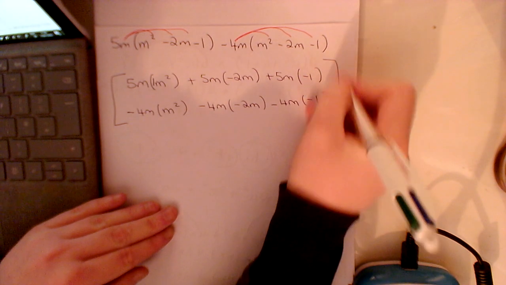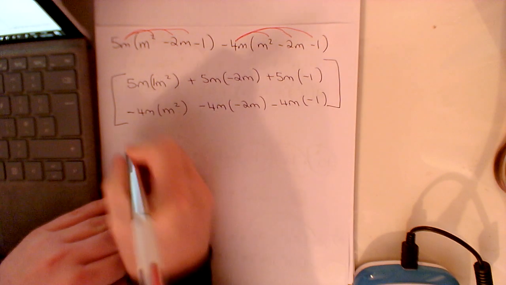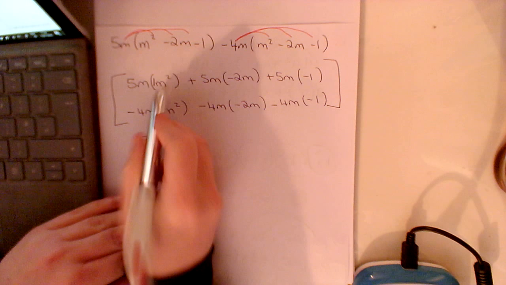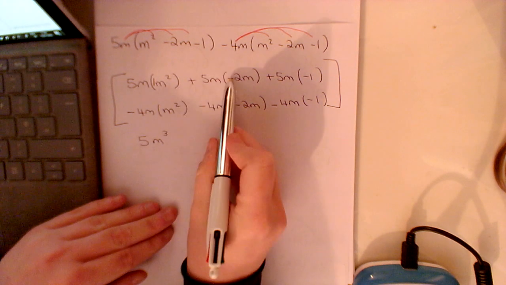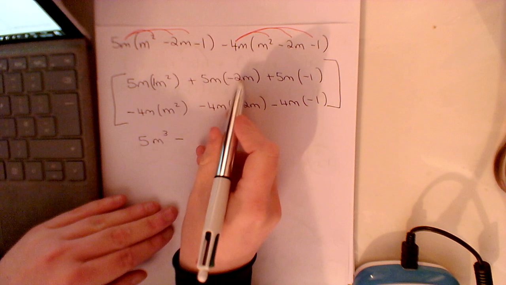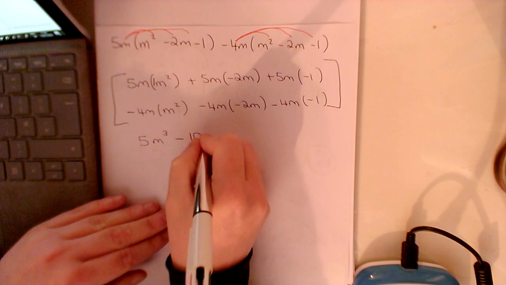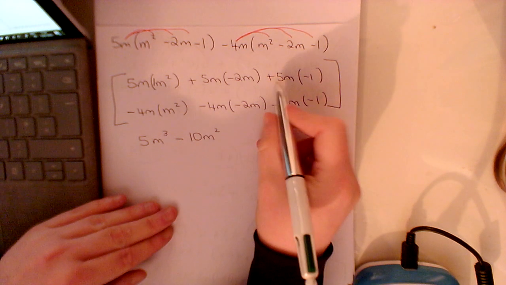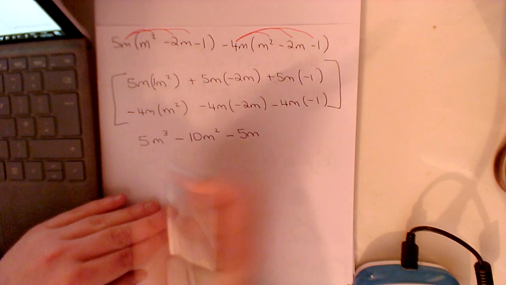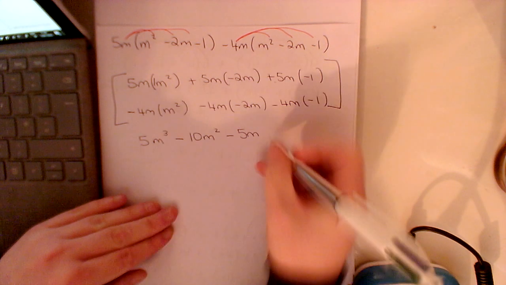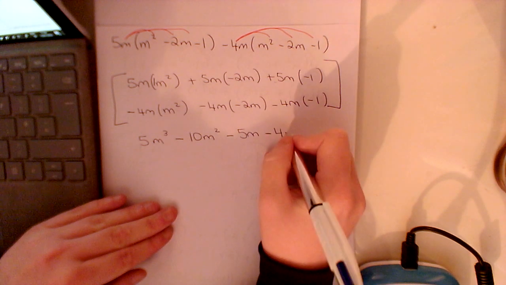So 5 times 1 will give me 5, m by m squared gives me m cubed, plus by minus gives me minus, 5 by 2 gives me 10m squared, plus by minus gives me minus 5m. Minus by a plus gives me minus 4m cubed.